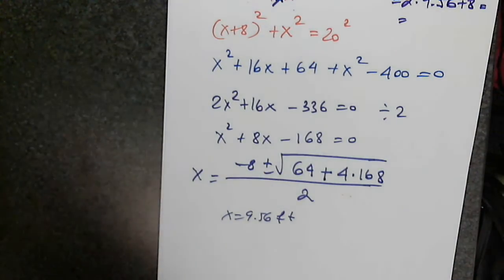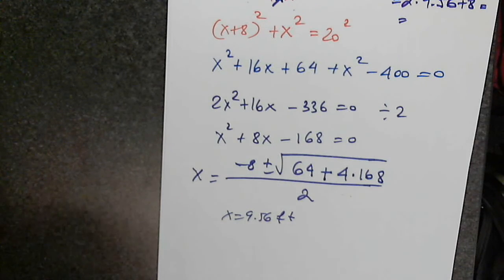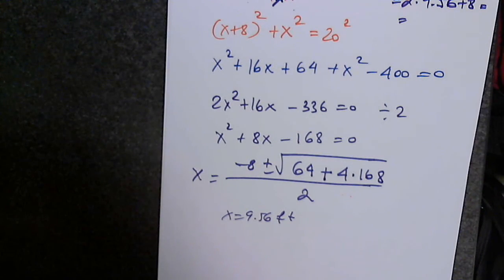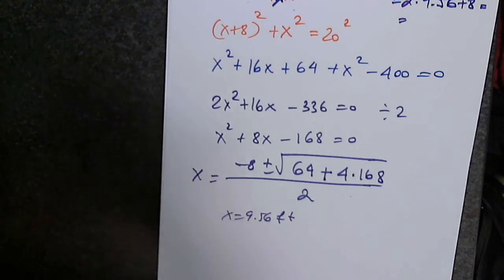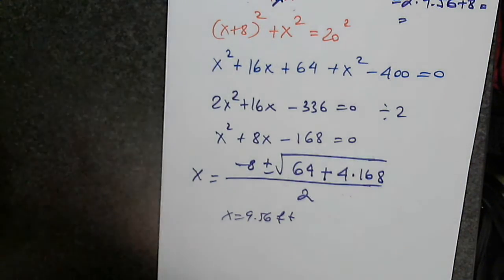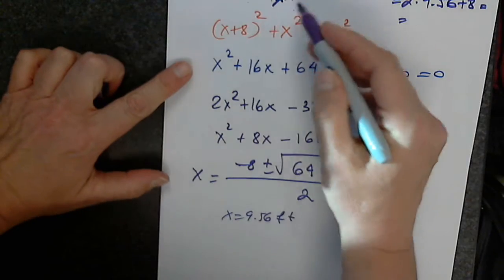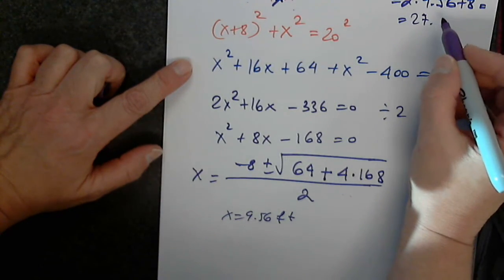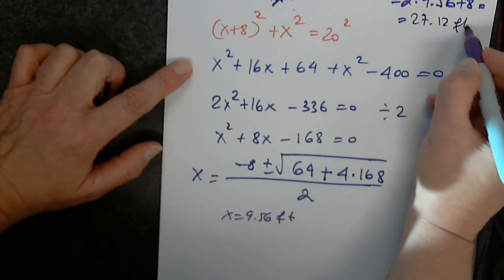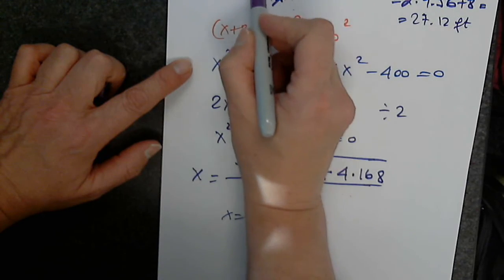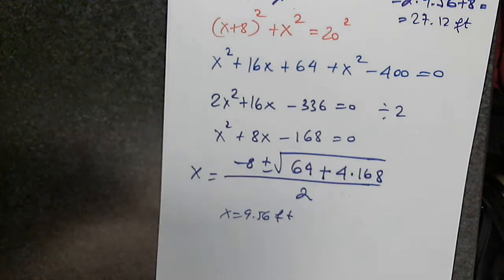So how much is that? If you can, I'm lazy, as you see. 2 times 9.56 and plus 8. So 27.12. So this route is 27.12 feet. But this route is 20 feet.